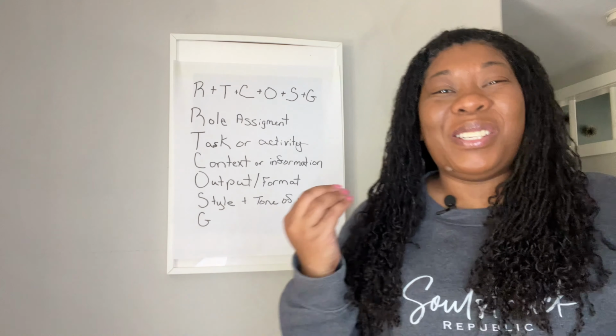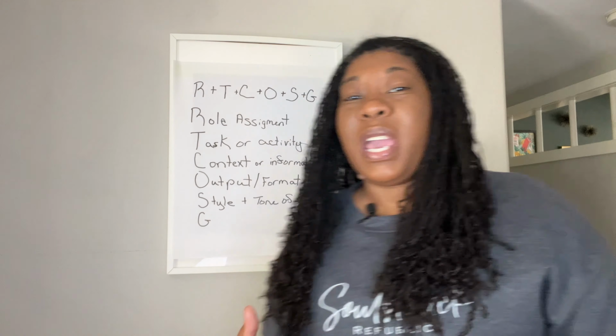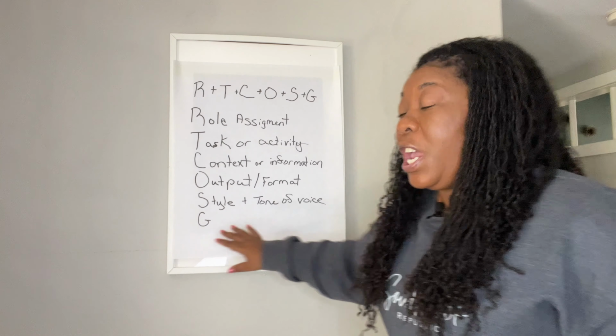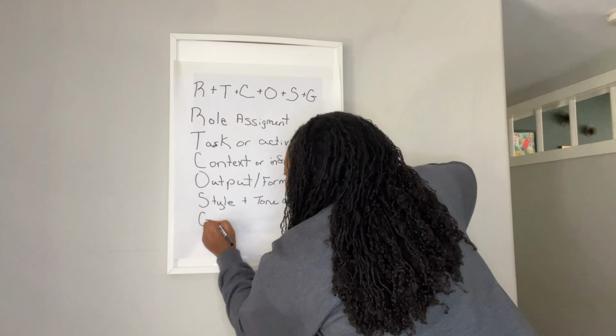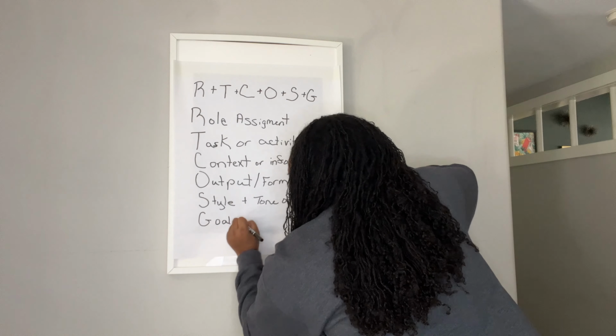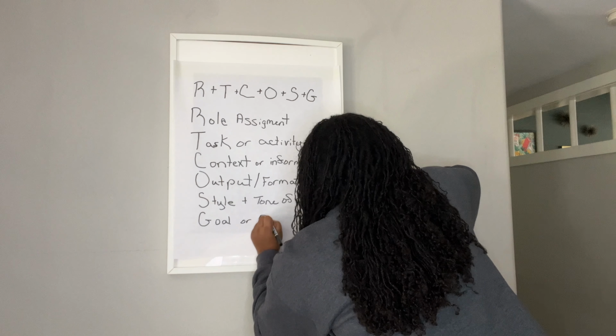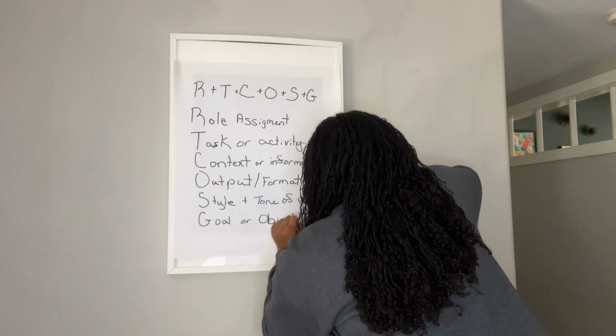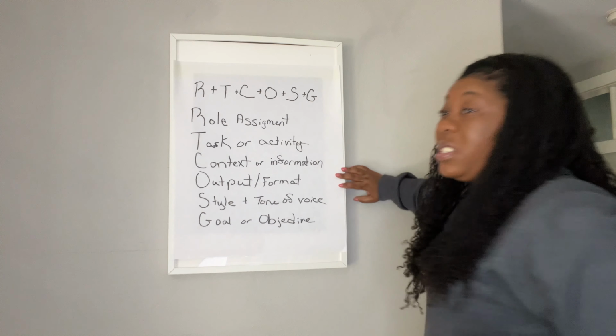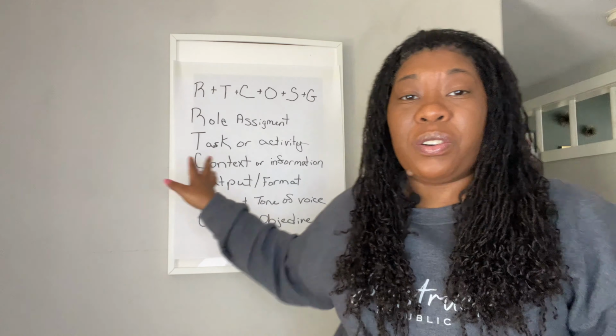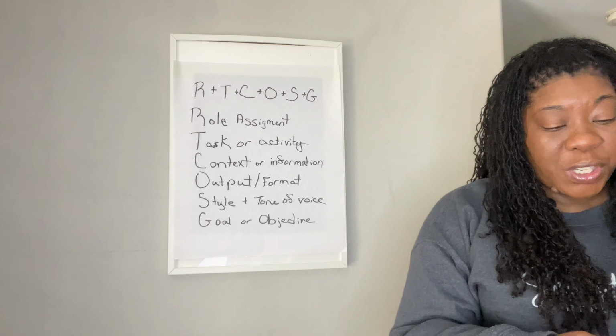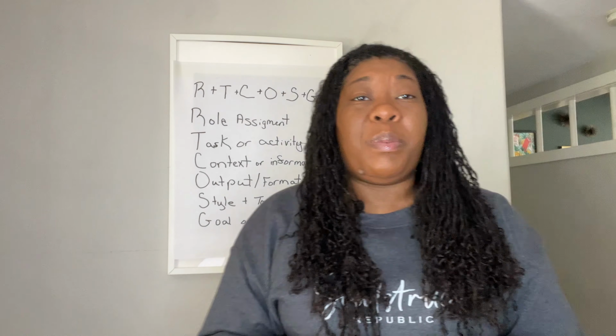And then last but not least, the sweet cherry on top that really helps you to get an optimized response from ChatGPT is going to be the G, which is going to be the goal or objective of your prompt. This kind of piggybacks on adding additional context. So essentially what you want to do is tell ChatGPT the goal that you're trying to achieve.